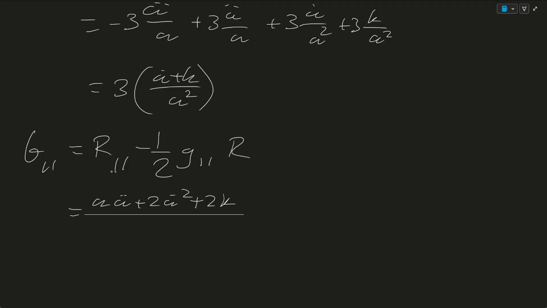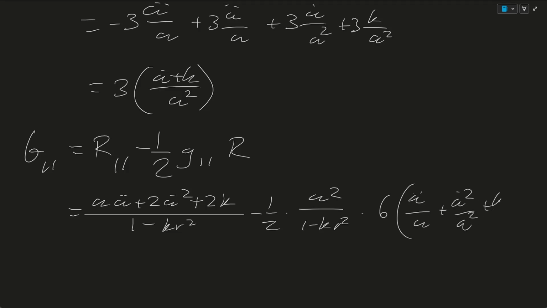I love that you can do that in OneNote, it's really cool. Over 1 minus kr squared, minus half times a squared over 1 minus kr squared times 6 a double dot over a plus a dot squared over a squared plus k over a squared.